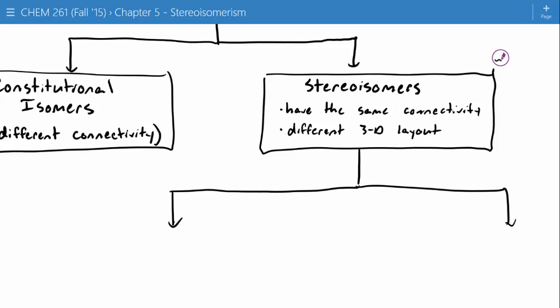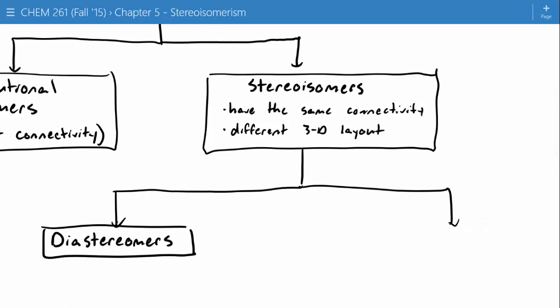And what were the two classes of stereoisomers that we were dealing with? Yeah, diastereomers and enantiomers.